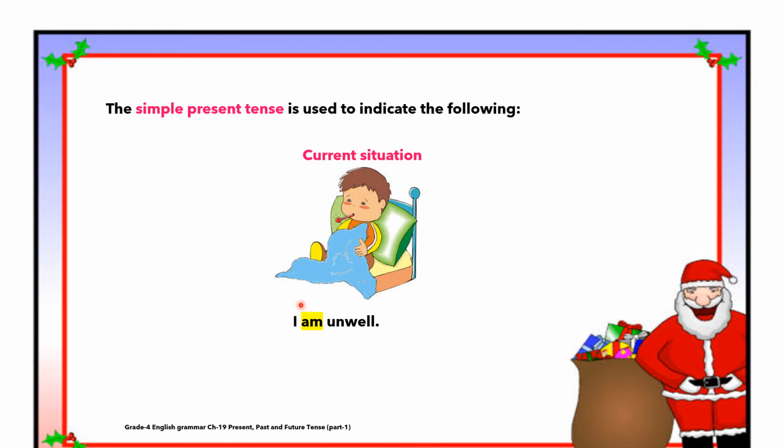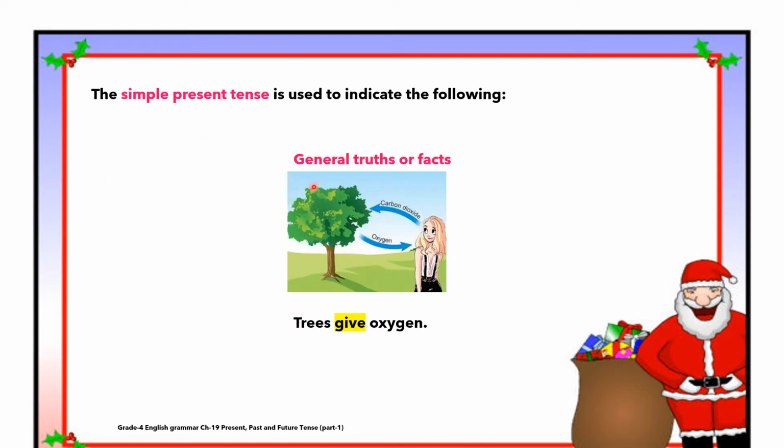I am unwell. General truths or facts. For example, trees give oxygen. So children, simple present tense verbs tell us the action is happening now or the actions that happen regularly or that are permanently happening. Understood?